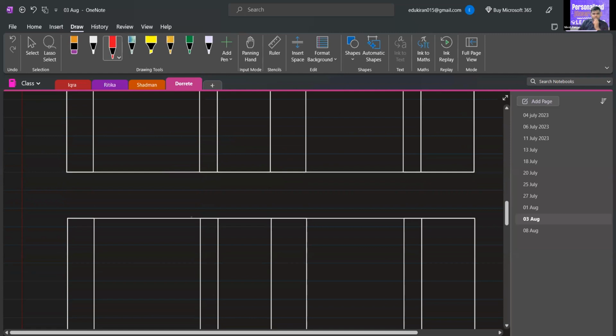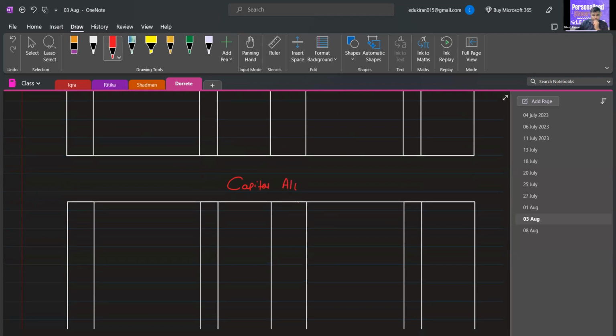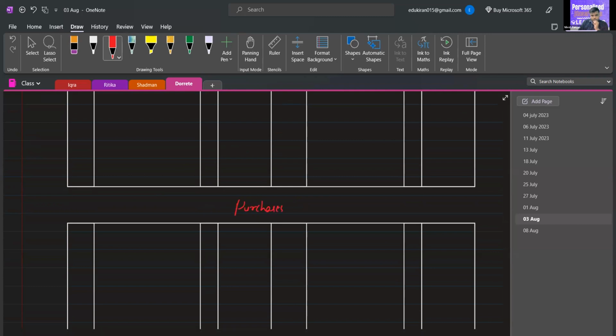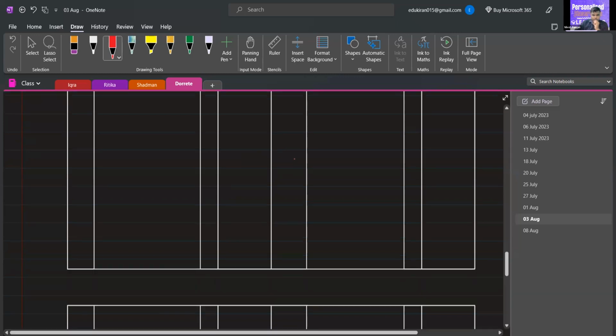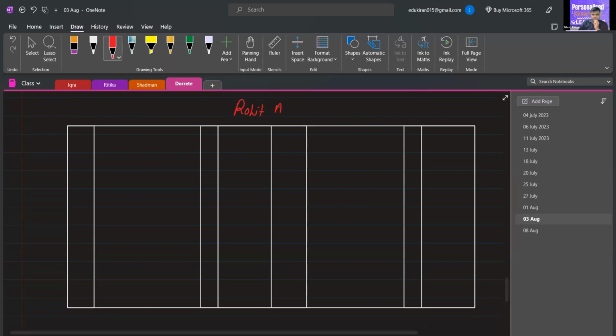After cash account, it is capital account. Then purchase account, then Rita account, then Rohit account, and then sales account.